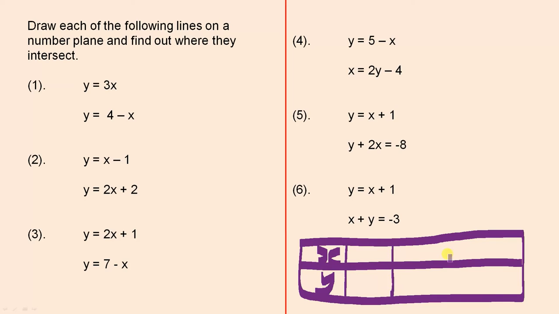We put some numbers in the x, and then we worked out what y was. And we did that for each line.